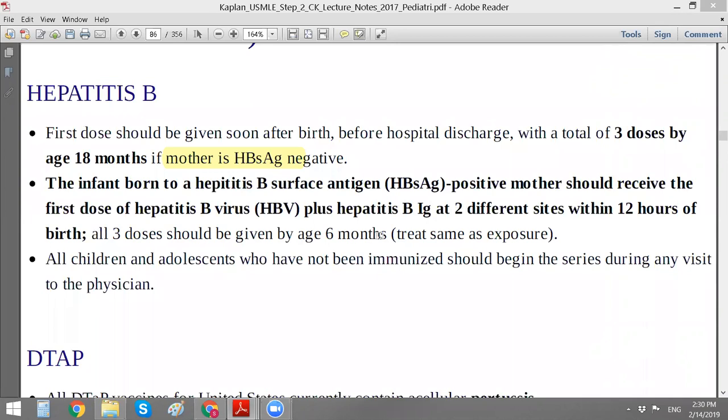All 3 doses should be given by age 6 months. Treat the same as exposure. So this one was by age 18 months and this is by age 6 months. This is the difference.